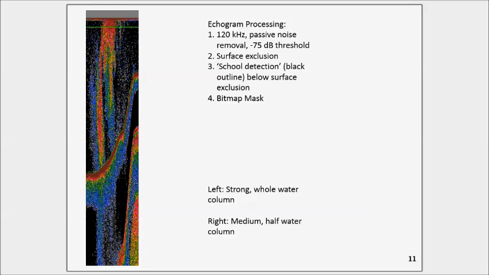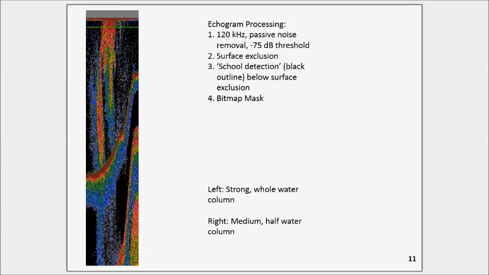You have your surface exclusion line, and that's really to get you into the far field and exclude the ring down, and Gail already showed where that may or may not hurt you for where your data interest region is. And after that, then we can actually apply the school detection parameters, which you'll see as black outlines, applied below the surface exclusion.